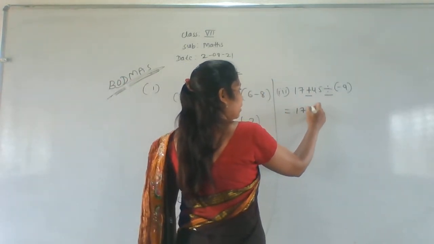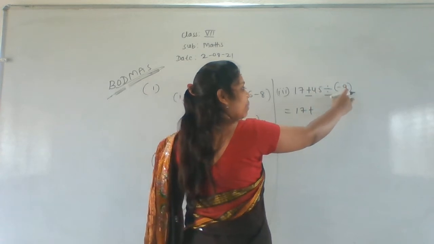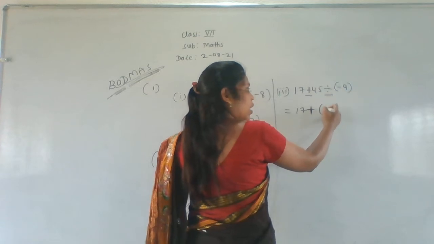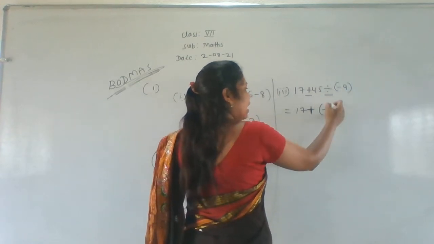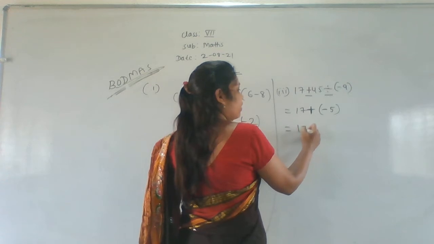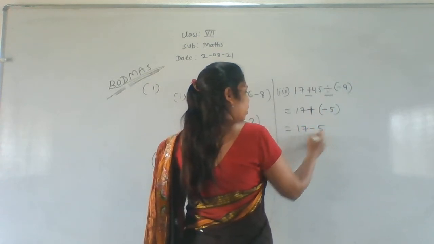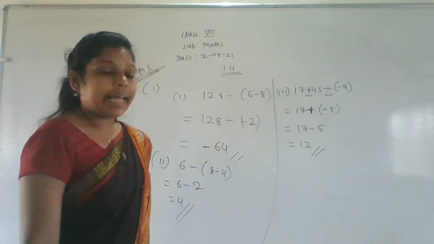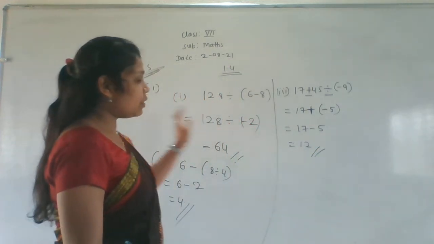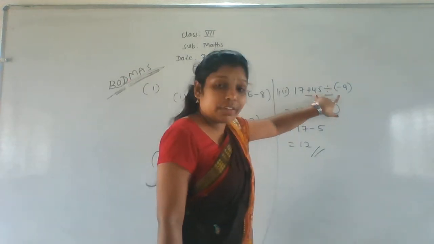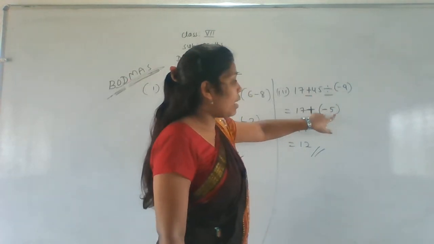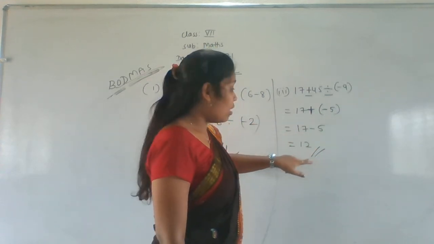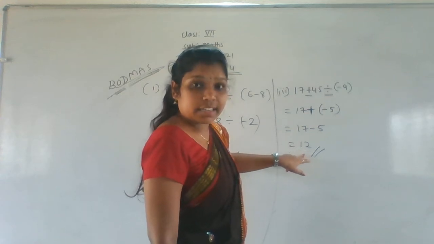That will be 17 plus 45 divided by minus 9. What answer will you get? 45 divided by minus 9, the quotient will be minus 5, since 9 fives are 45. Now plus into minus is minus. 17 minus 5 is 12. That is the answer. Getting everyone?